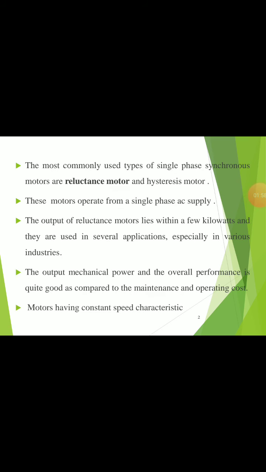The most commonly used types of single phase synchronous motors are the reluctance motor and the hysteresis motor. We have already studied the hysteresis motor in module 3. That is, a reluctance motor is a single phase synchronous motor, rotating at synchronous speed. The motor operates from a single phase AC supply, and has a similarity to the single phase induction motor.